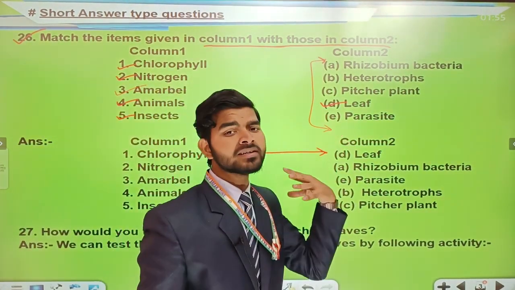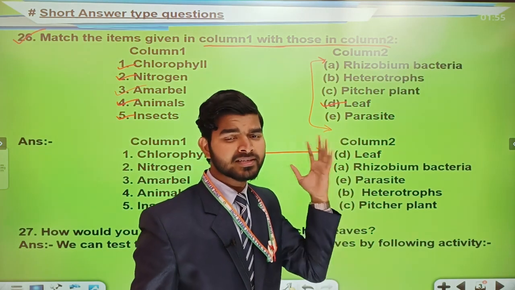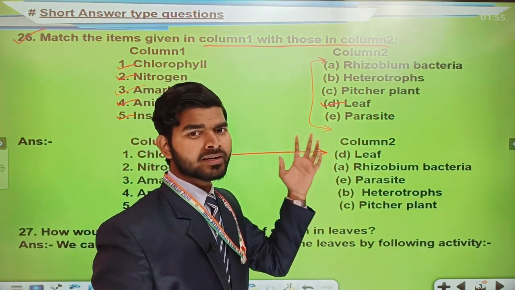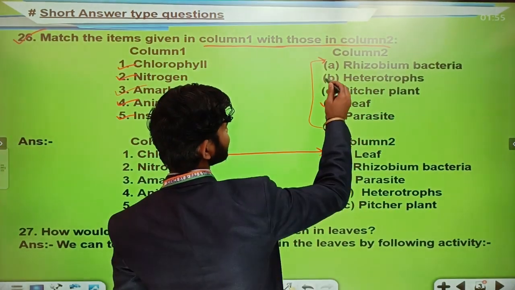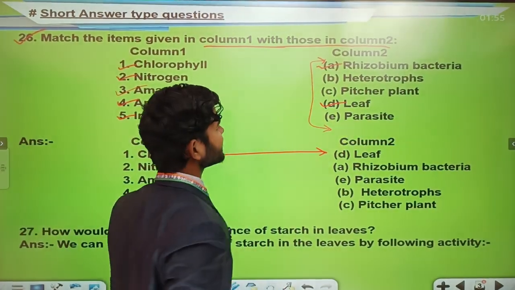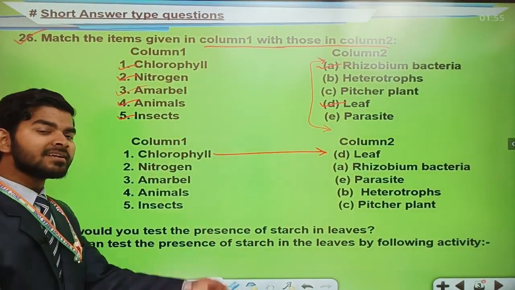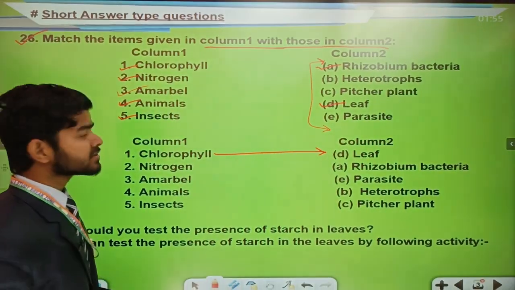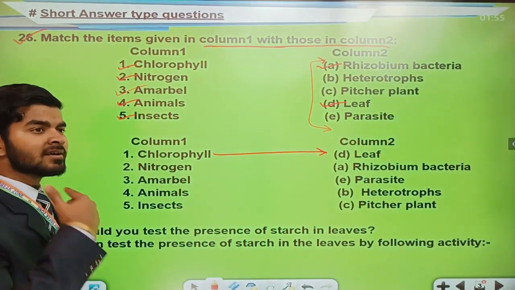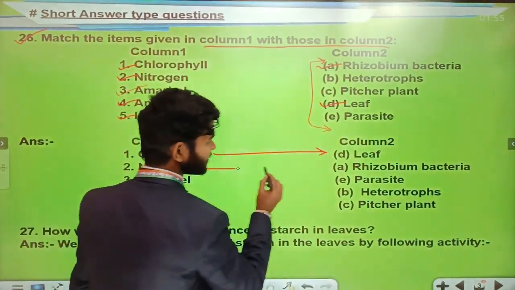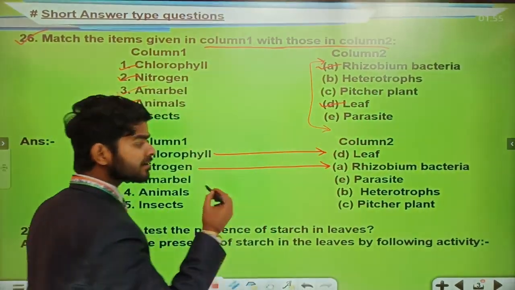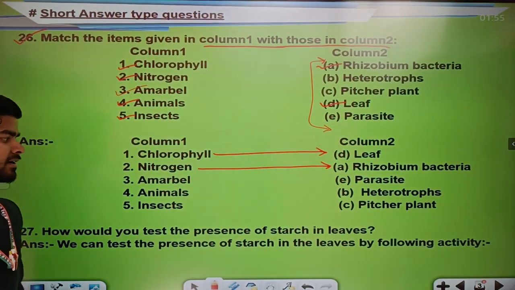But you must read all the options given in column B. Parasite will not fit either. So the correct answer is Rhizobium bacteria, because Rhizobium bacteria take nitrogen from the air and convert it into nitrogen compounds. So nitrogen will fit with Rhizobium bacteria.